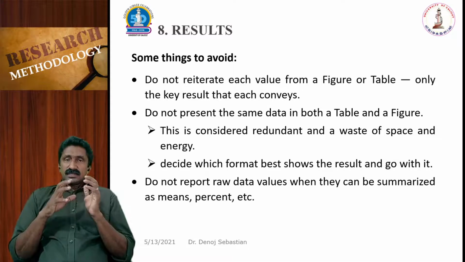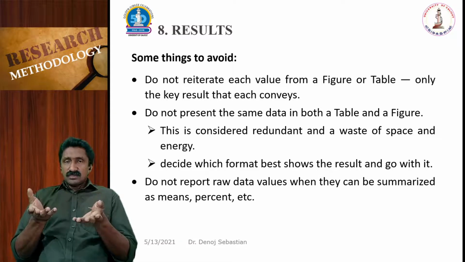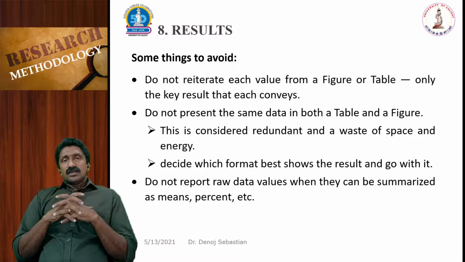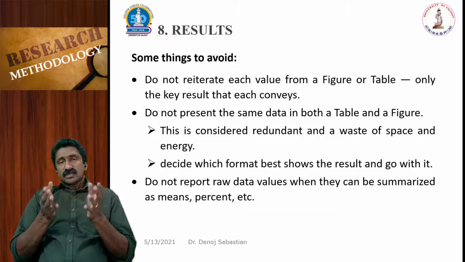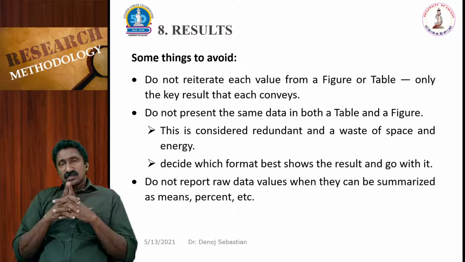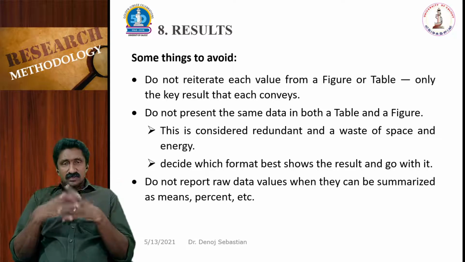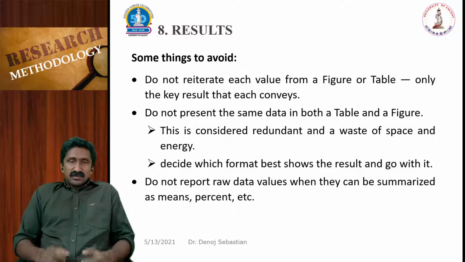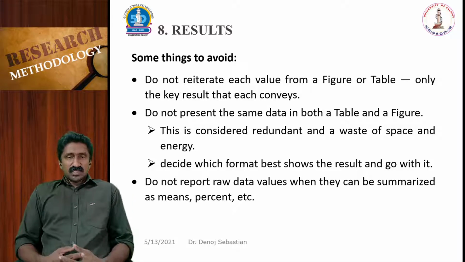This is considered redundant and a waste of space and energy, so decide which format is best for your results, and go on with that one. Do not report raw data values when they can be summarized as means or percentages, etc. For example, if you have 100 or 500 observations and you present them in a very long table spanning 5 or 6 pages, that will be irrelevant and not easy to understand.